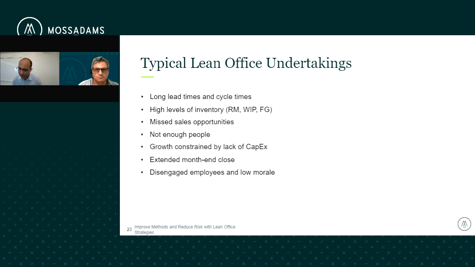A lot of companies contact us because they know they have sales, but they don't know how to fulfill those sales. Not enough people. Nowadays, we are hearing this from all our clients. And a lean office would be the way to eliminate the waste and make sure you can do the work and even more work with the people you have.